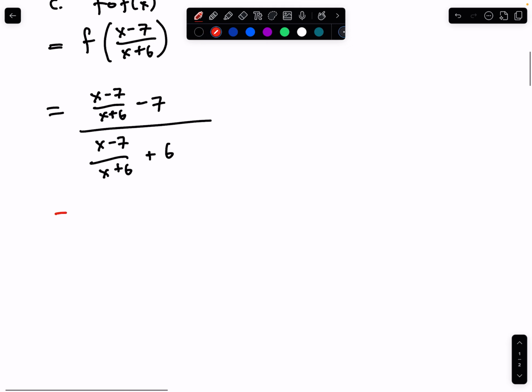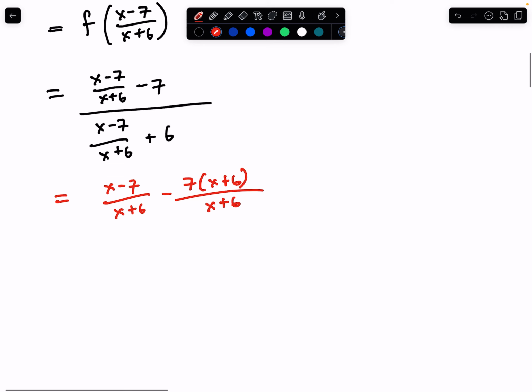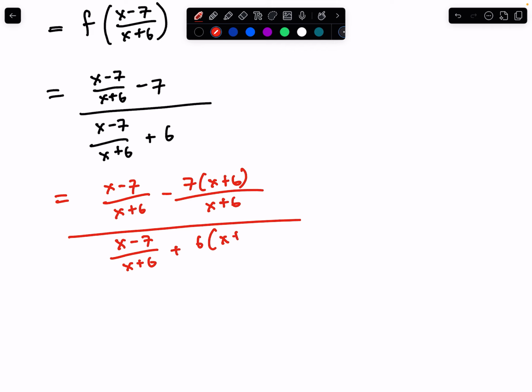Rest of the procedure, very similar to last time. X minus 7 over x plus 6 minus 7 times x plus 6 over x plus 6. That's the top. Bottom is x minus 7 over x plus 6 plus 6 times x plus 6 over x plus 6.